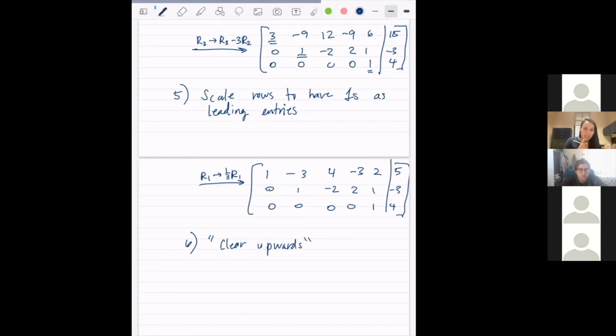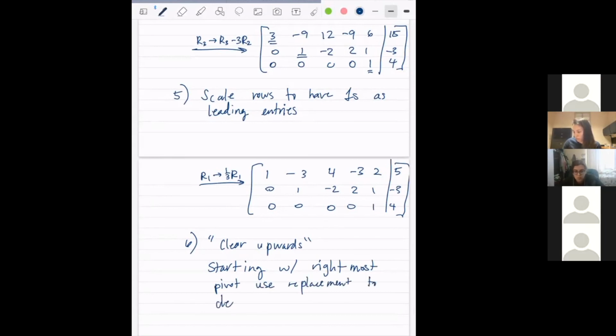What we mean by this is to use, starting with the rightmost pivot, you want to use replacement to clear the column above that pivot.